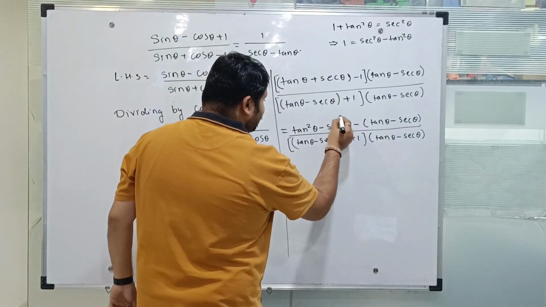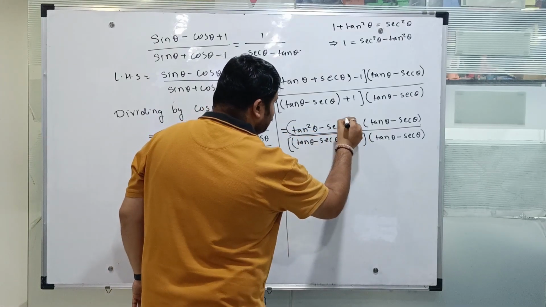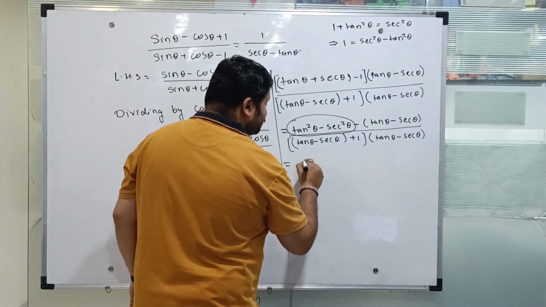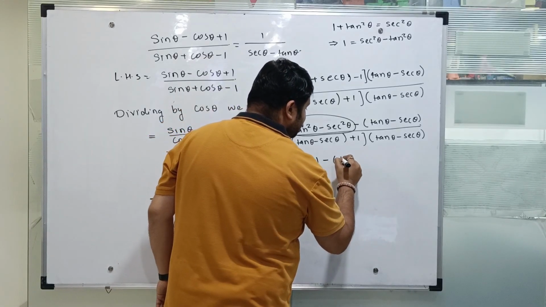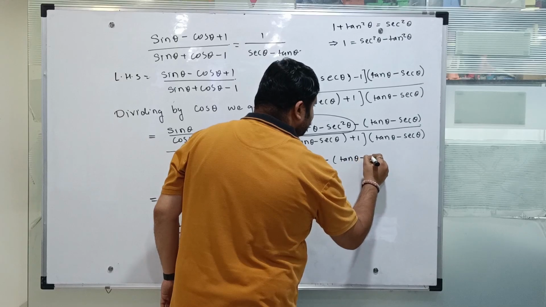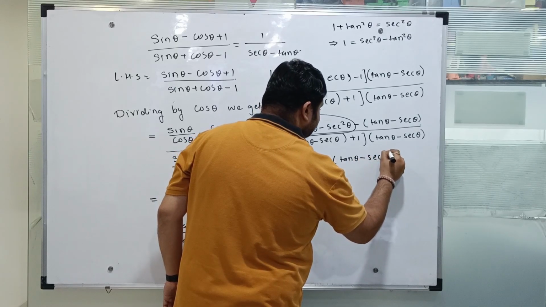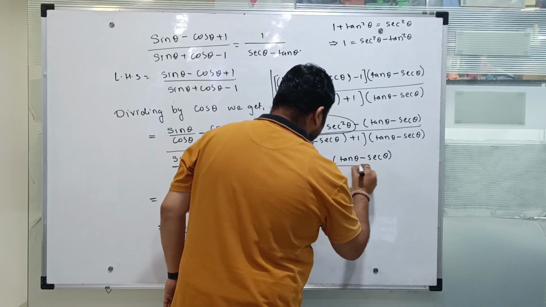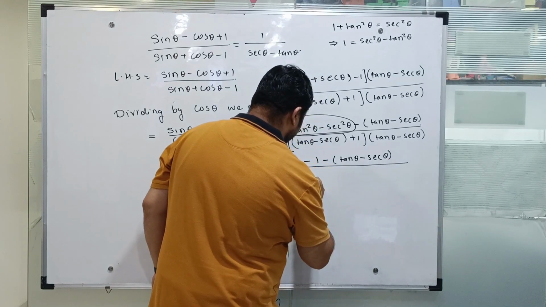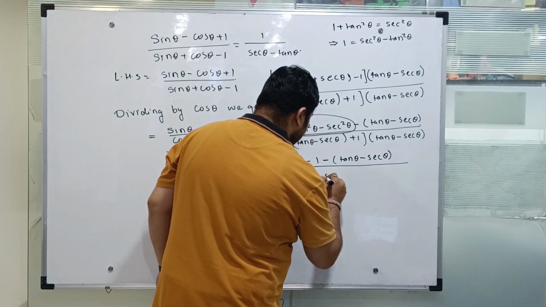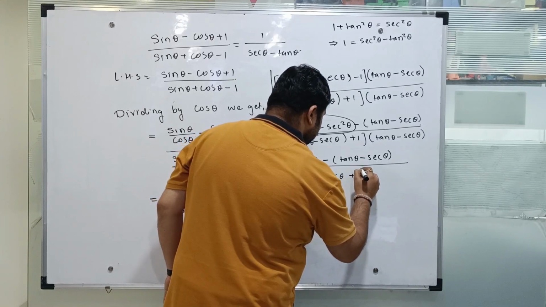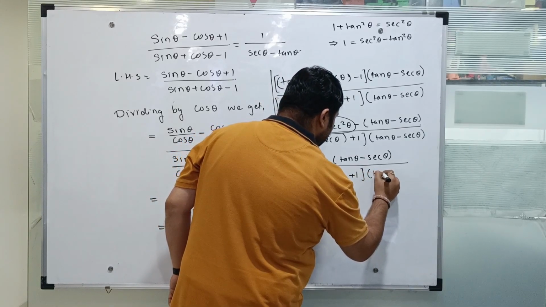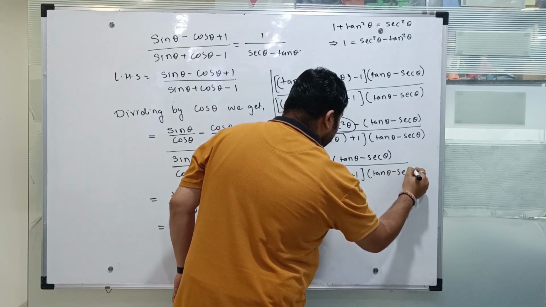So this here will become minus 1. So I have minus 1 minus tan theta minus sec theta, the whole thing divided by tan theta minus sec theta plus 1 times tan theta minus sec theta.